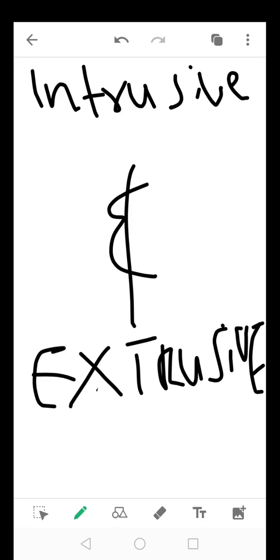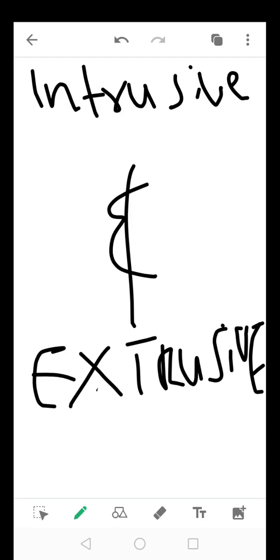So the extrusive is when the magma erupts out of the Earth's surface and then experiences the atmospheric temperatures, and those atmospheric temperatures will make the magma cool faster.